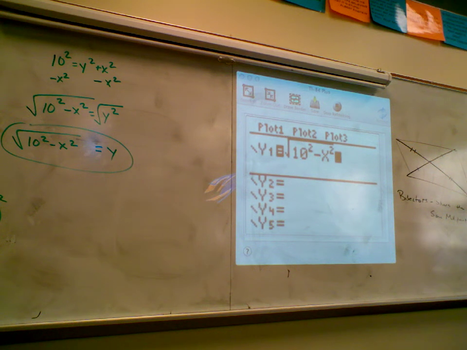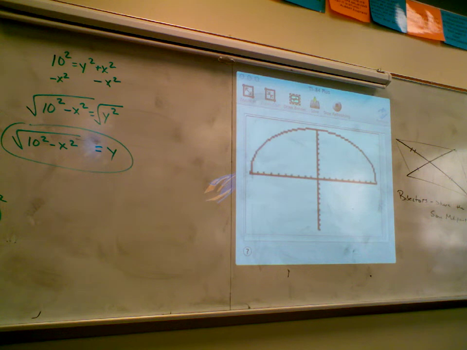So now when I hit graph, we have what appears to be half the circle. Why only half? Because when we square root something, we always get positive answers, right?